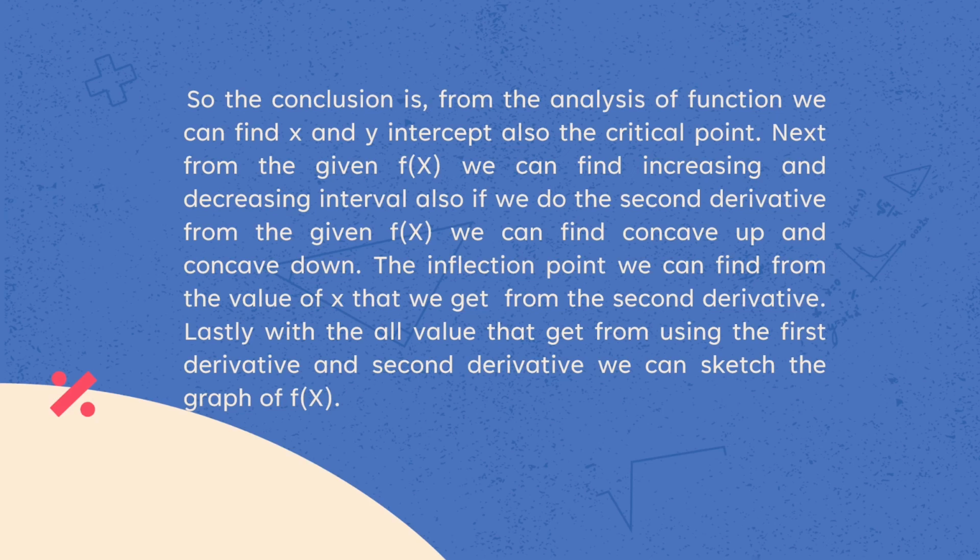And also, if we do the second derivative from the first derivative, we can find concave up and concave down. The inflection point we can find from the value of x that we get from the second derivative. Lastly, with all the values that we get from the first derivative and second derivative, we can sketch the graph of f(x).